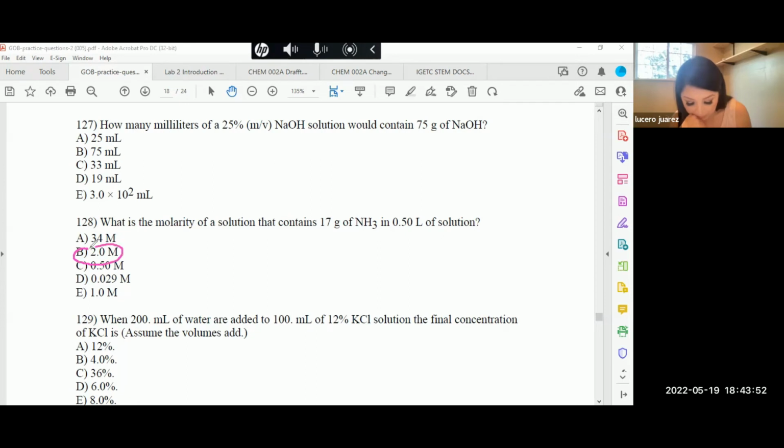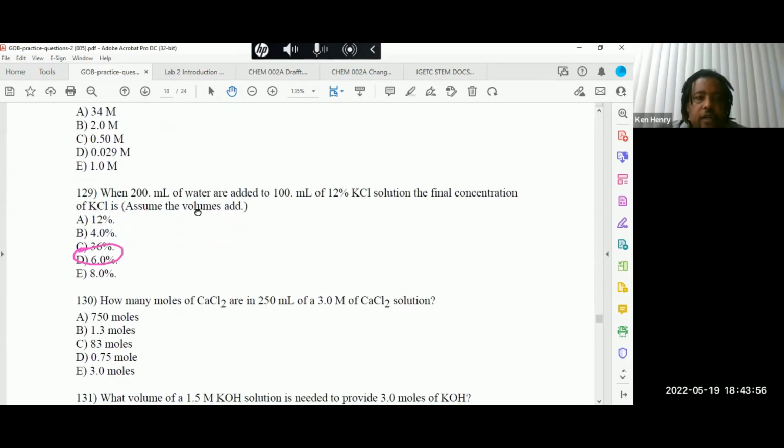What about 129? It says, when 200 mils of water is added to 100 milliliters of a 12% KCl solution, the final concentration of KCl is, okay, so let me show you a little secret.